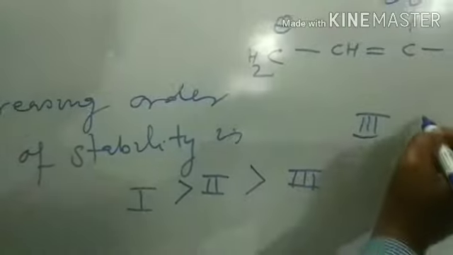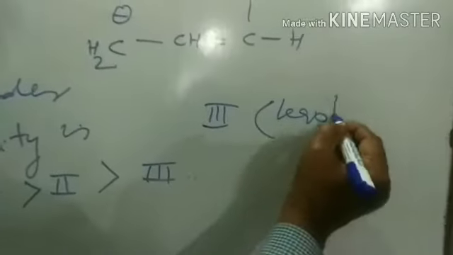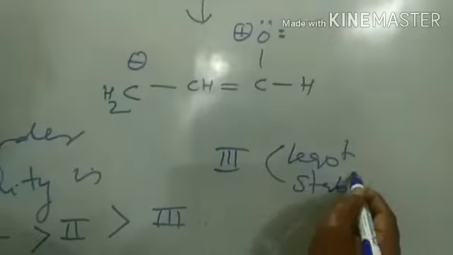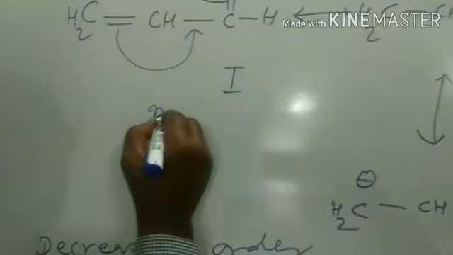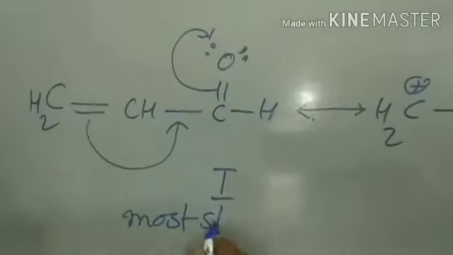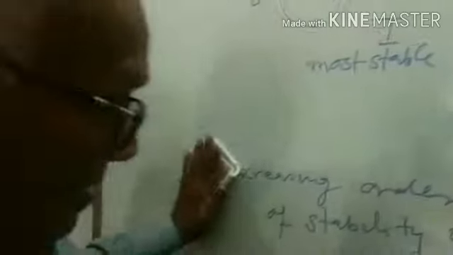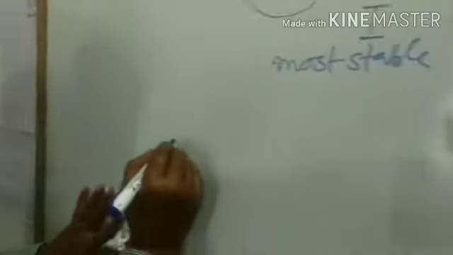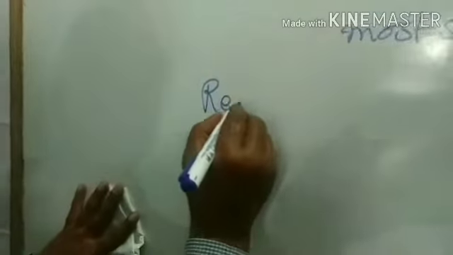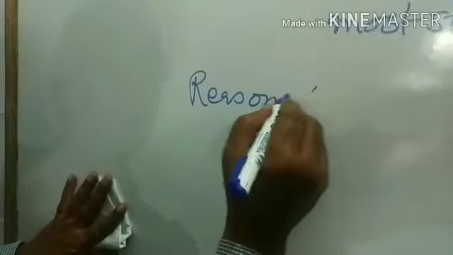So third is least stable, and the first is most stable. Now I have to give reasons. So you see the reasons for each.